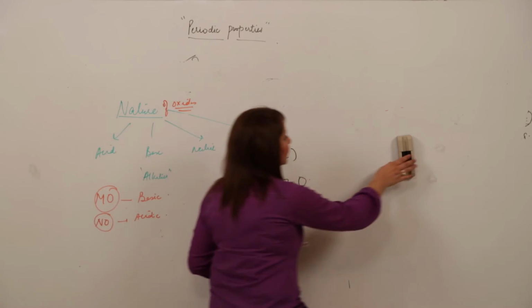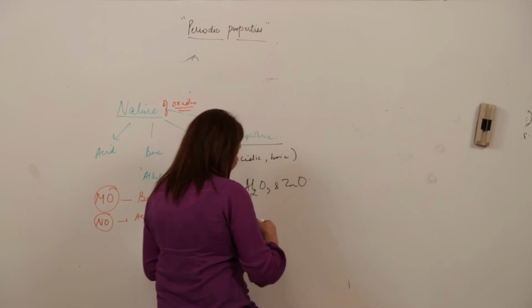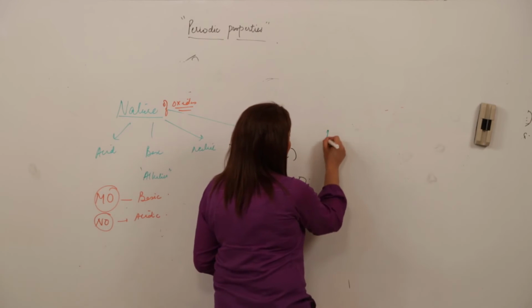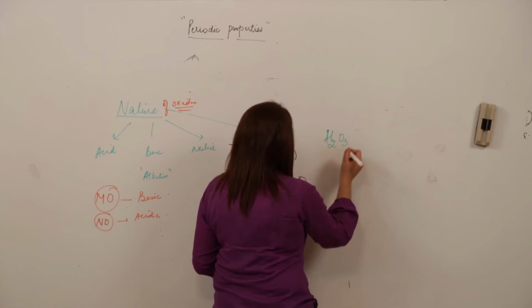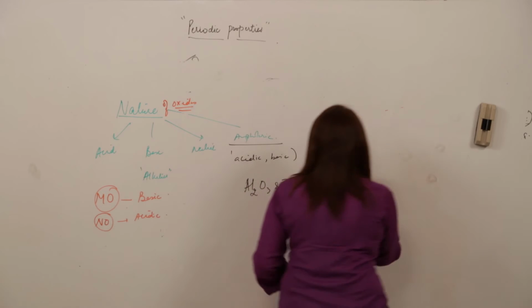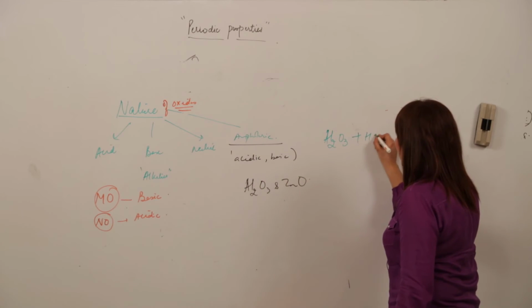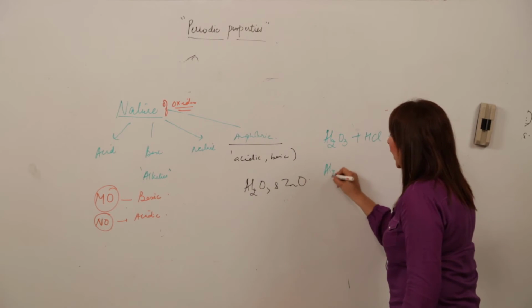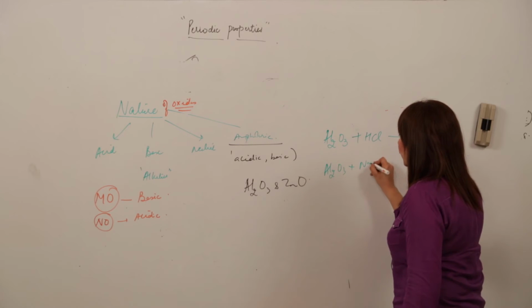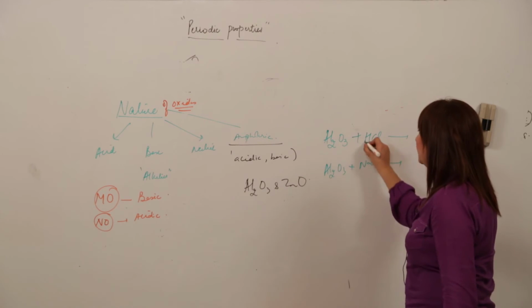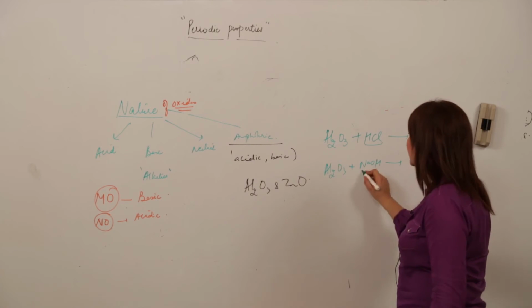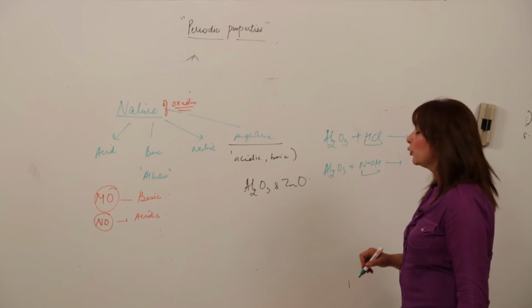To simplify it, I am giving an example. It's not in your syllabus, but just to make you know how it reacts. Suppose I am taking Al2O3 and reacting it with an acid and also with a base, that is a strong acid, hydrochloric acid, and a strong base, sodium hydroxide.